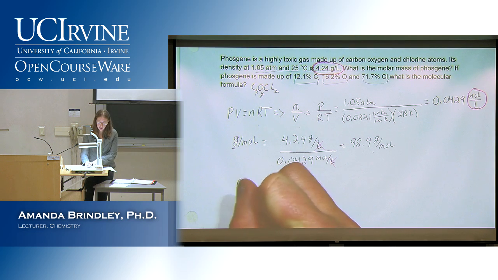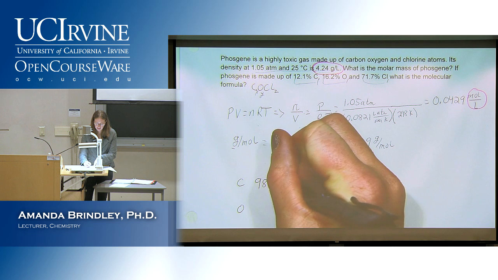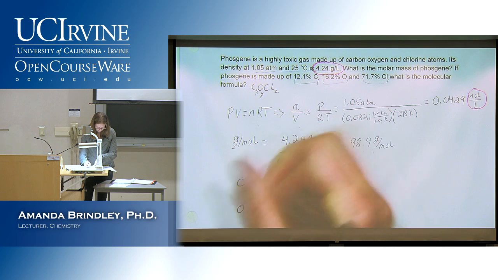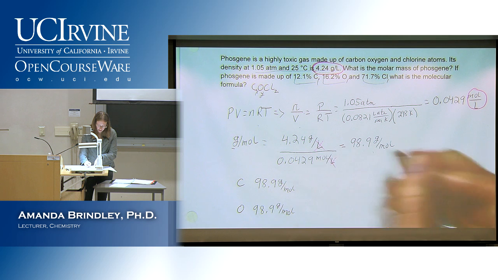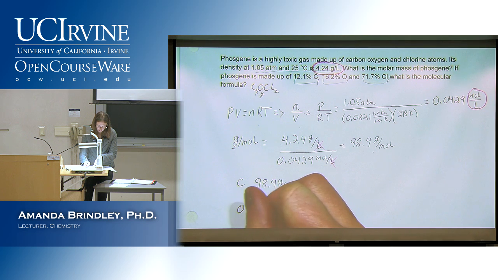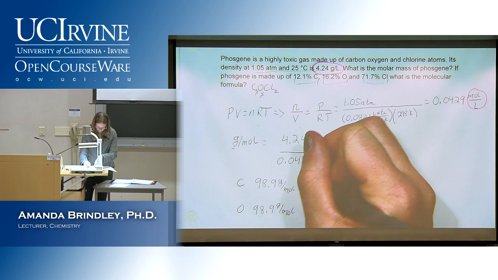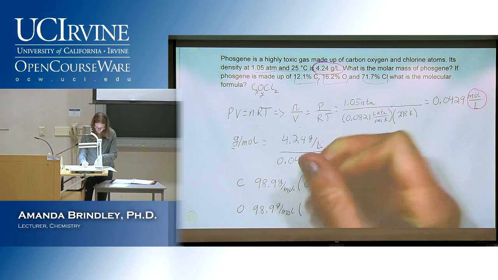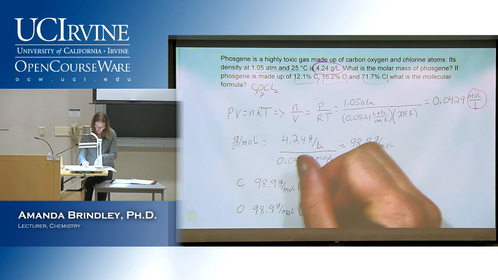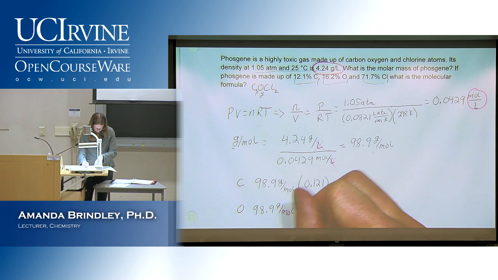So that's the easiest way to do this. There are other ways, but that is by far the easiest. So we're going to take each one of these and we're going to multiply by the percent. And again, if you wanted to do the 100-gram sample thing, that would work too.